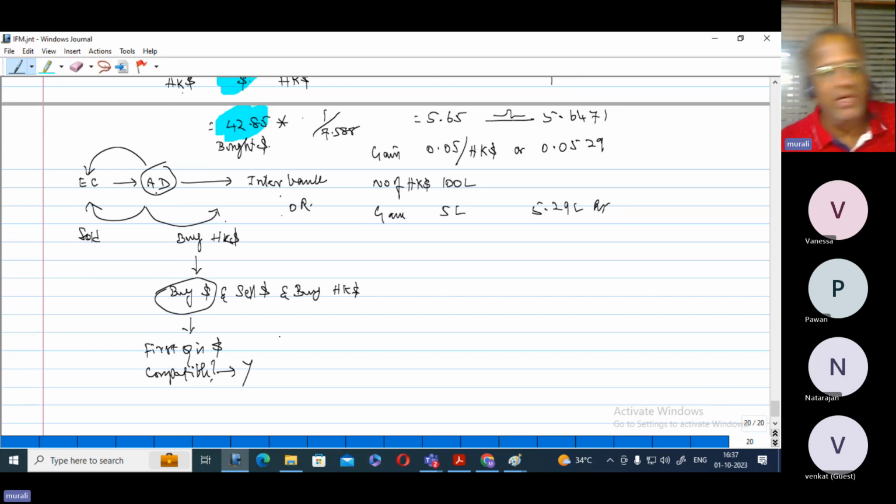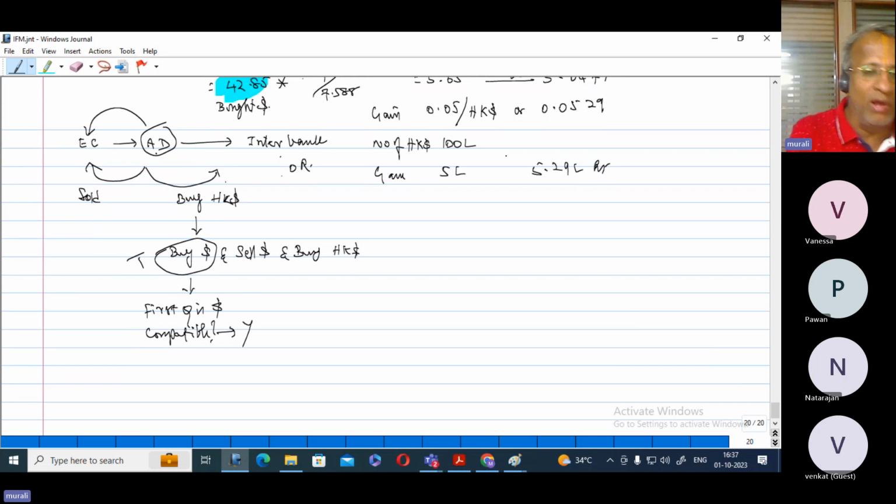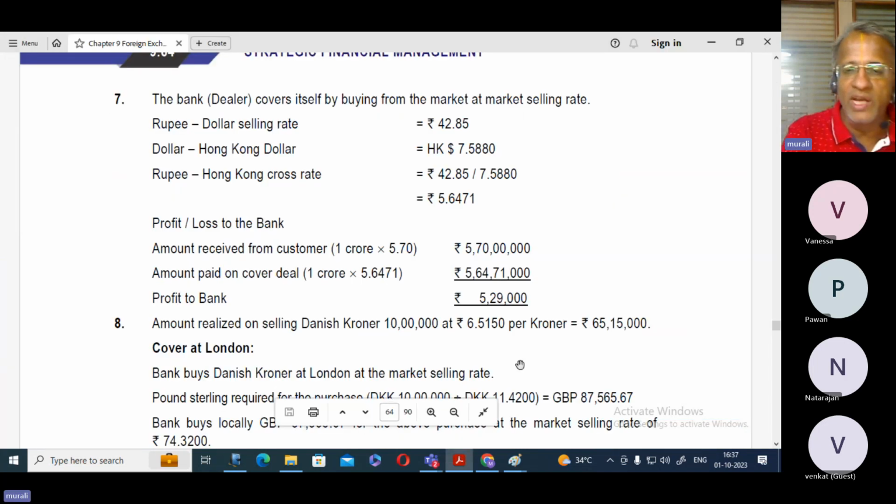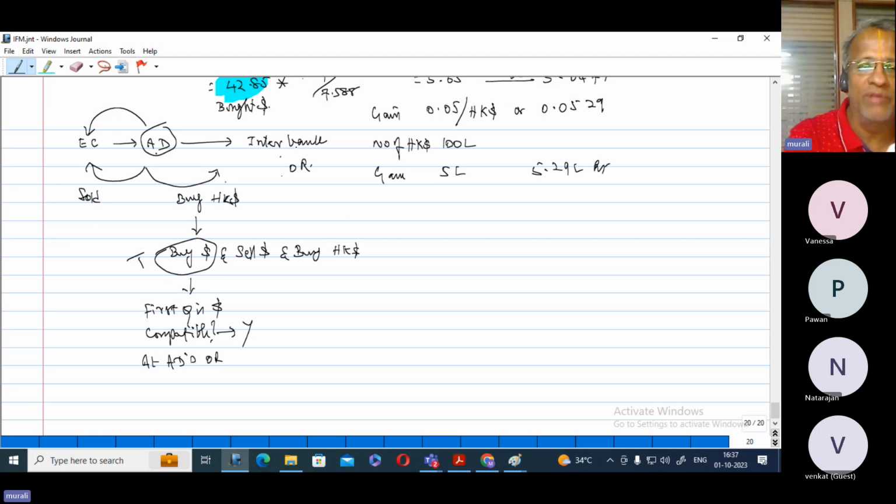What do you mean by compatibility? The transaction is in dollar and the quotation is also in dollar. Therefore, they are compatible. So you buy dollar at the authorized dealer's offer rate. So offer rate is 42.85. That is what we have kept here. Is that right? Are you clear?